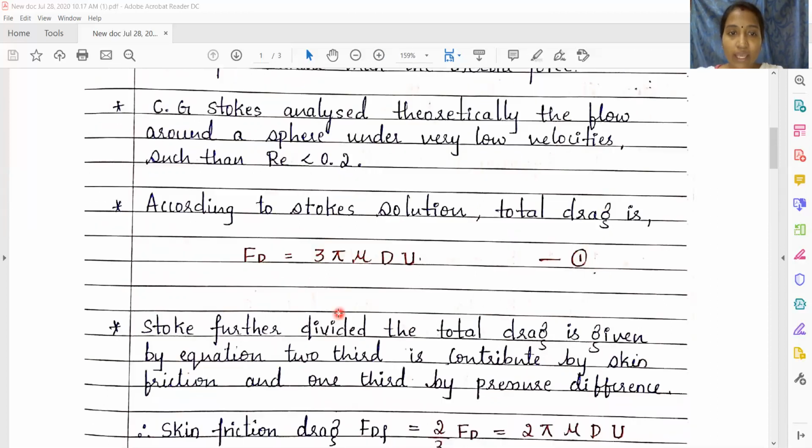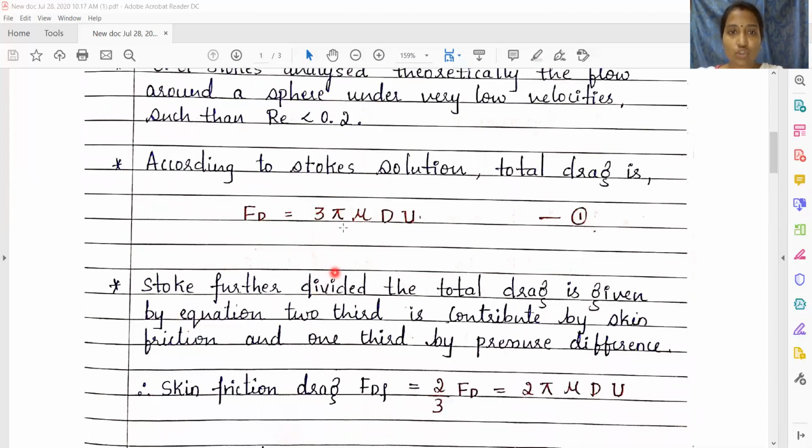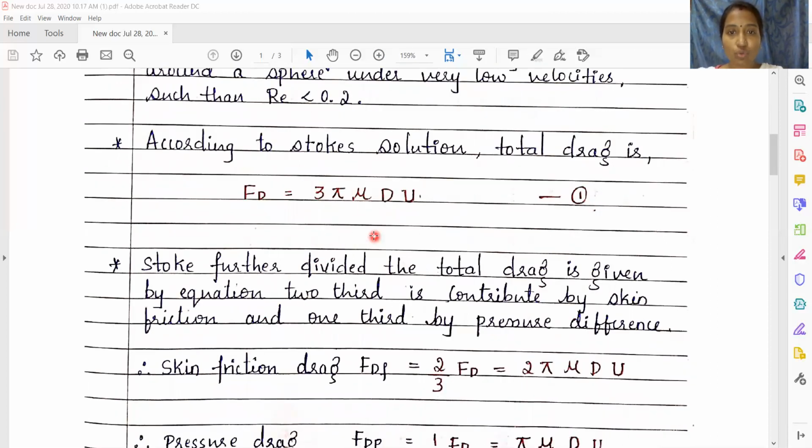Then he divided this total drag force into 2/3 for the skin friction drag equation and 1/3 for the pressure drag equation.